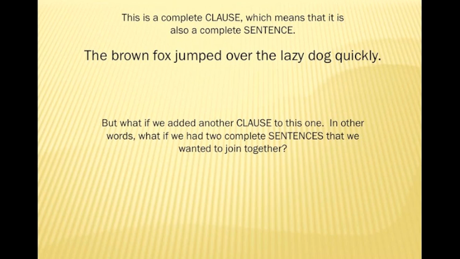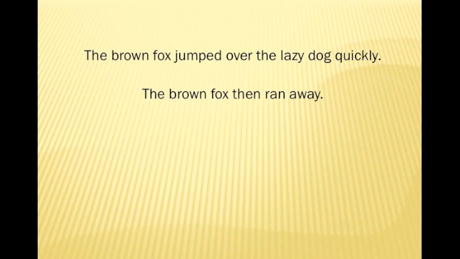But what would happen if we added another clause to this one? In other words, what if we had two complete sentences that we wanted to join together? So in this case, I've added another sentence that says the brown fox then ran away. Now we have two complete sentences.